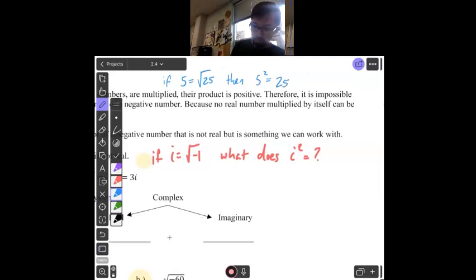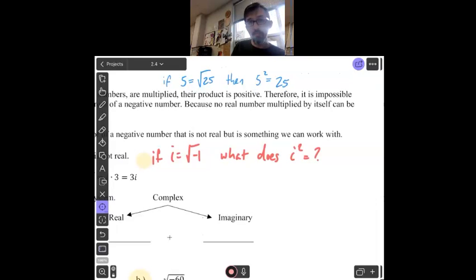So how can we apply that thinking if this equals that, right? Then how can we apply this thinking to this question? What did we do to the 5? We squared it. What happened to this when we did that? The radical went away. So what would i squared be equal to?